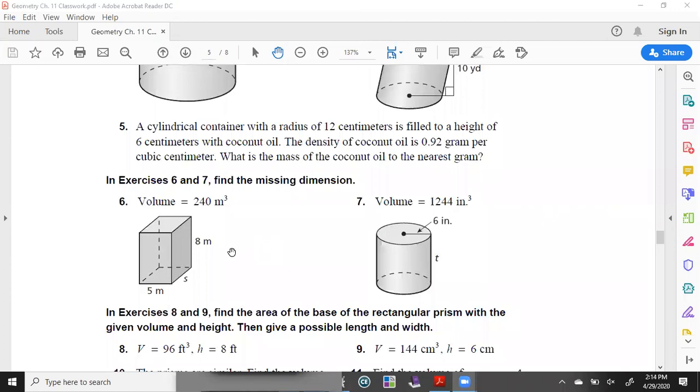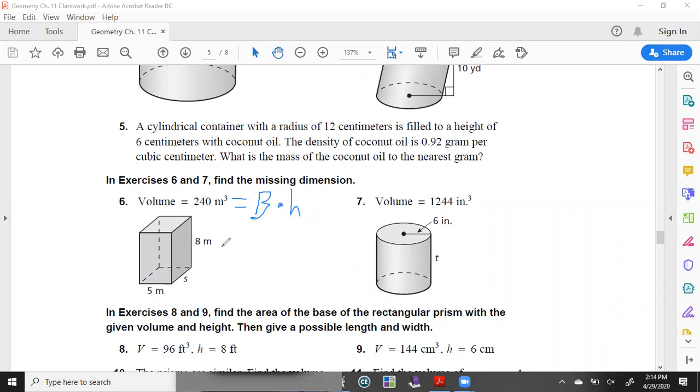And then we get to 6 and 7. They work slightly backwards, well, exactly backwards. They give me the volume and then all of my dimensions except for 1. Oh, that's okay. We can plug in. They tell me this is the volume, and remember this has to equal the area of the base times the height.